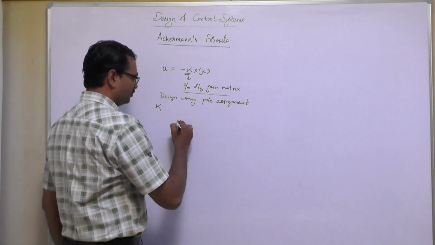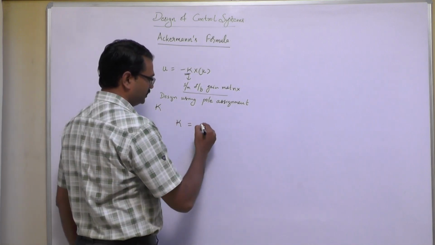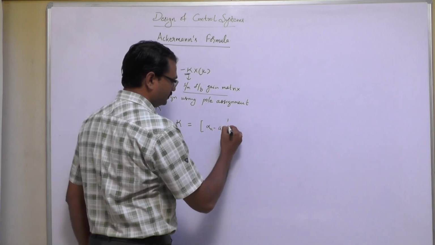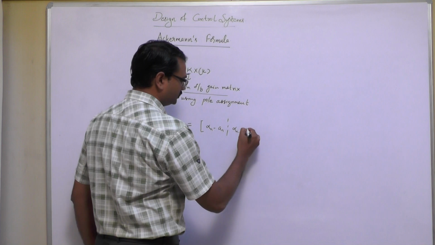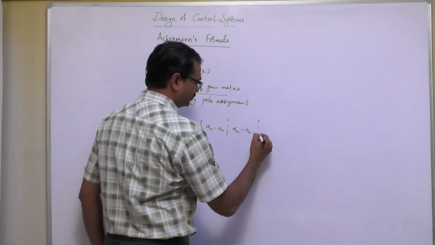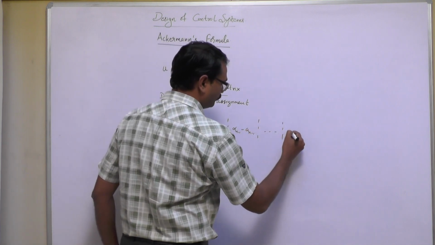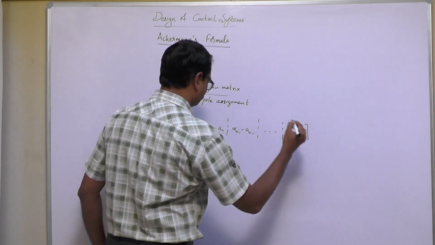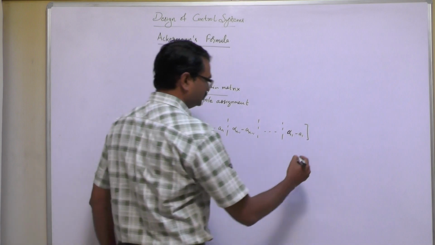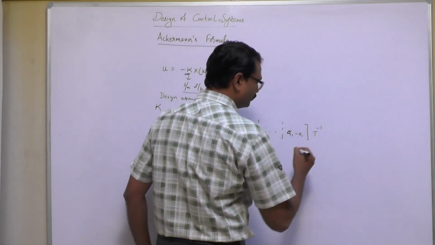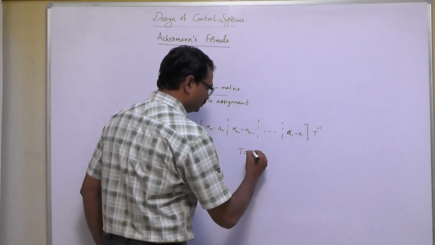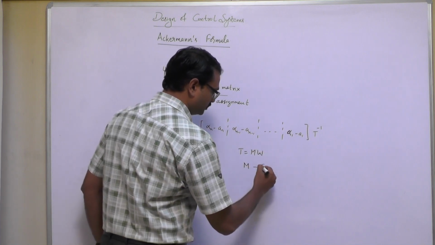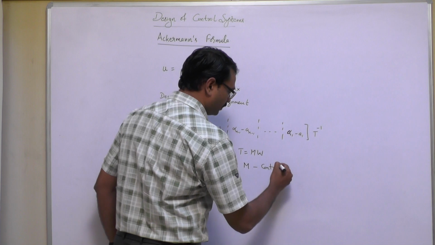K is the formula that we got yesterday: alpha n minus an, alpha n minus 1 minus an minus 1, and so on, alpha 1 minus a1, into T inverse, where T is equal to MW and M is the controllability matrix.